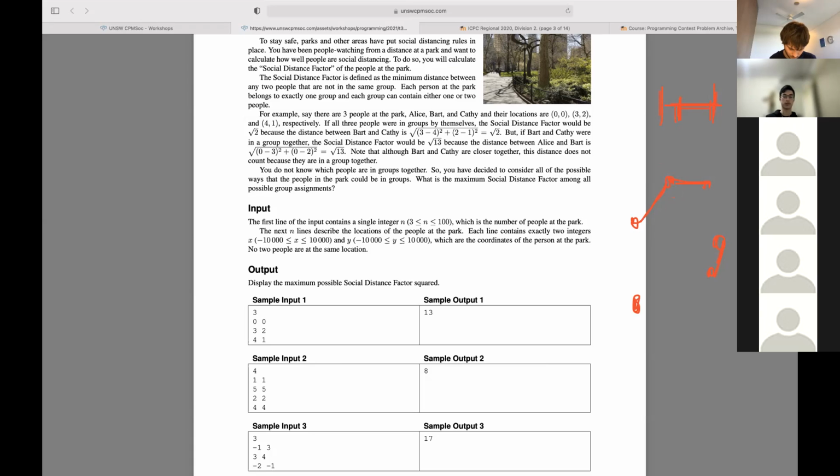So what we can do instead is find the distance between every pair of people, and then go through those distances from smallest to biggest. And whenever we find a distance, we need to group those people. If we don't group those people, then, so I guess it's a greedy algorithm. And so we're going to go through the distances and add them size by size. So I'll just demonstrate it and then I'll explain how it works.